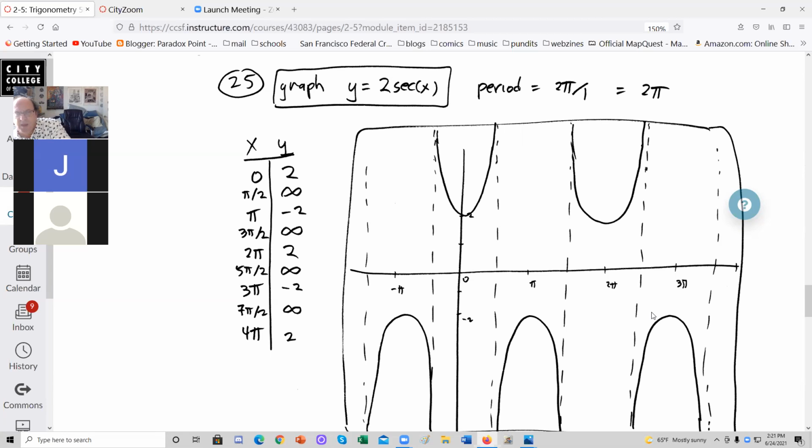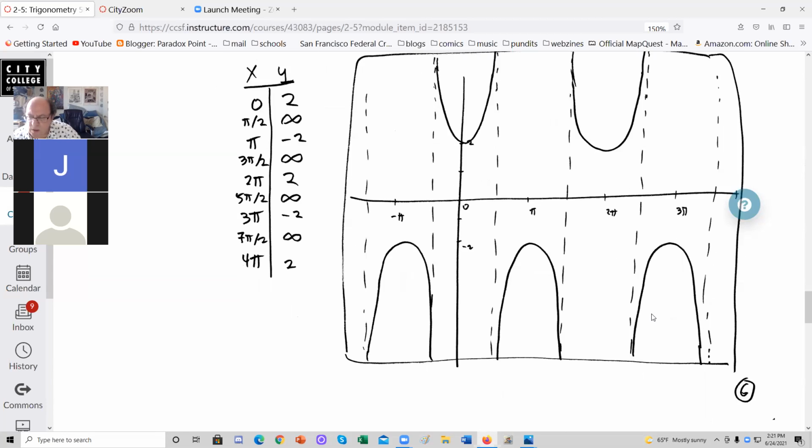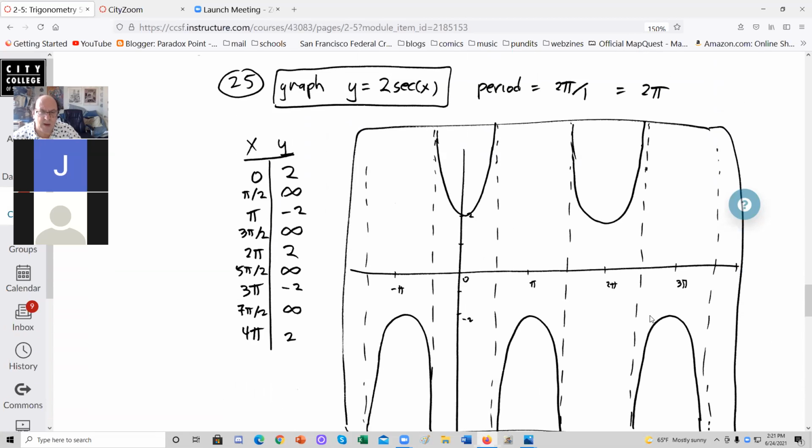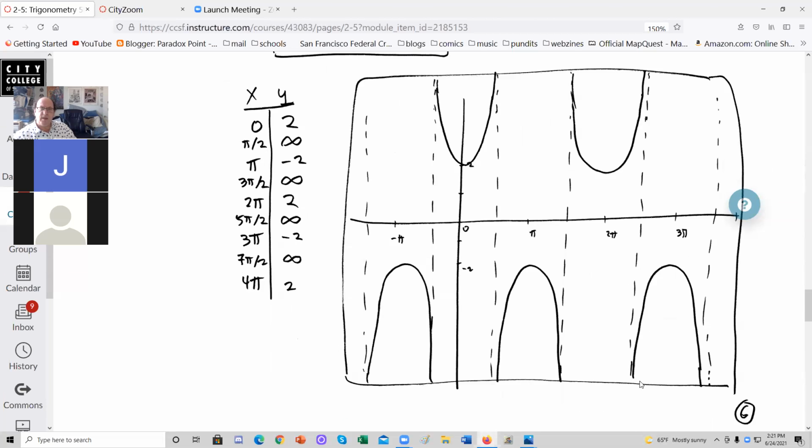Excuse me, I made a mistake here. And is that right? Let me double check that. No, it's not right. It's good the way it is. All right, and between the plus and minus 2s, there'll be infinities.